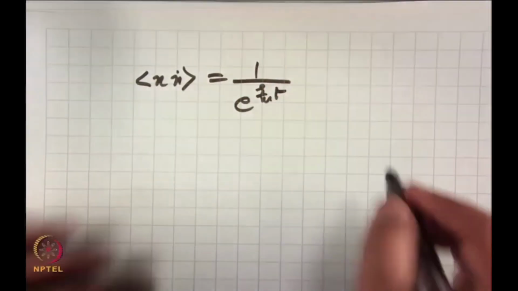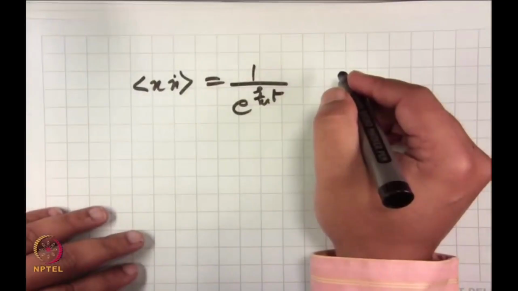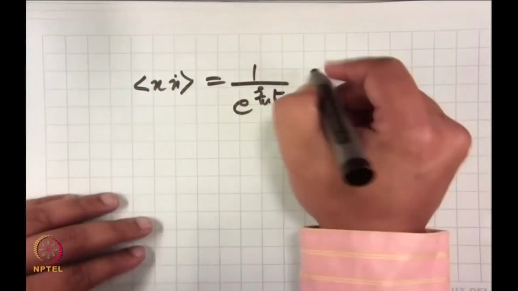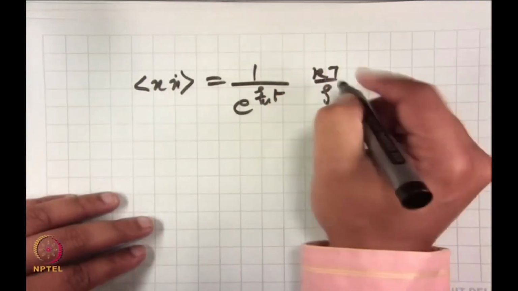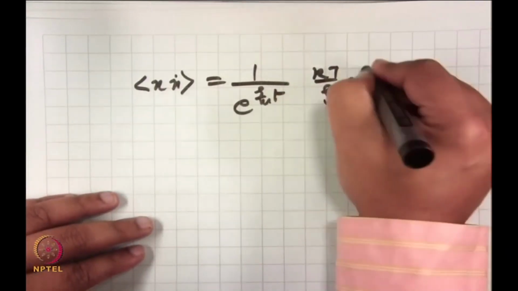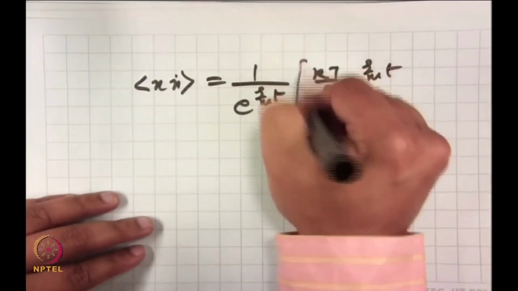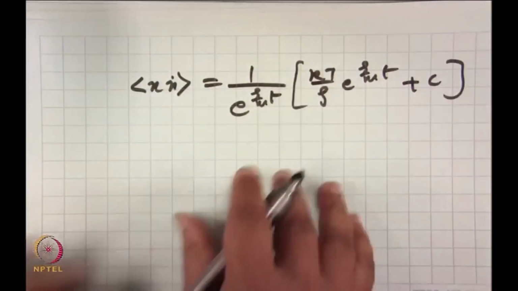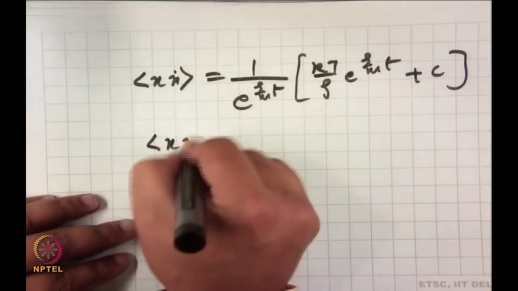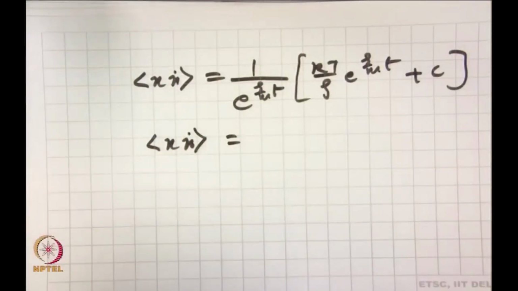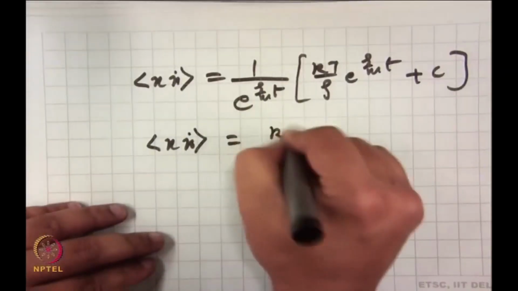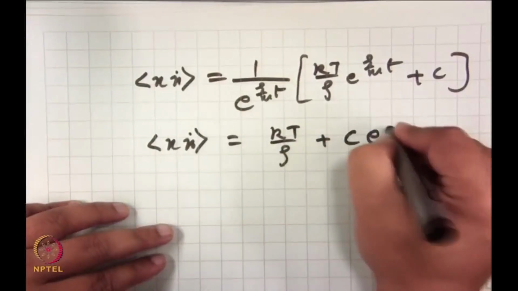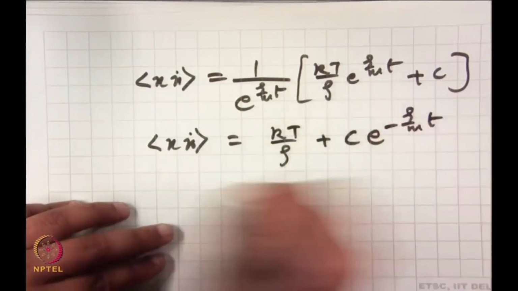And then I would be having I of x times q of x, which we just derived, which is kT by xi e to the power xi by m t, then I would be having a constant c. Okay. So, then my x dot is equal to kT by xi plus the constant c, e to the power minus xi by m t.